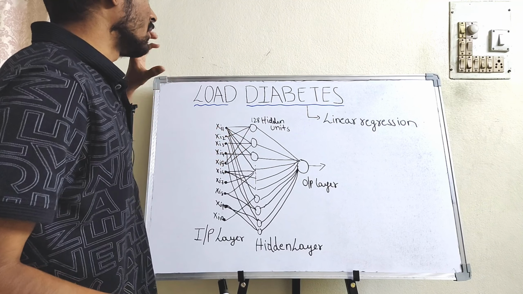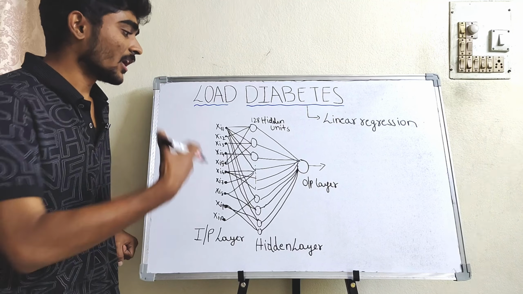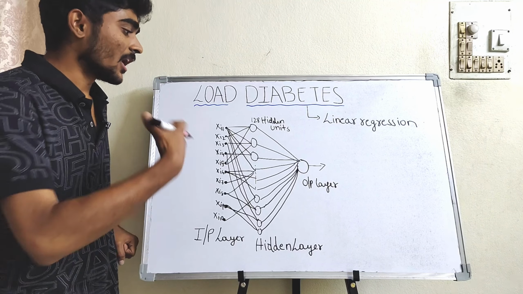To solve this dataset, this is the neural network I personally took. In this neural network we have 10 input features ranging from xi1 to xi10, followed by a hidden layer with 128 hidden units, and followed by an output layer with one output node.